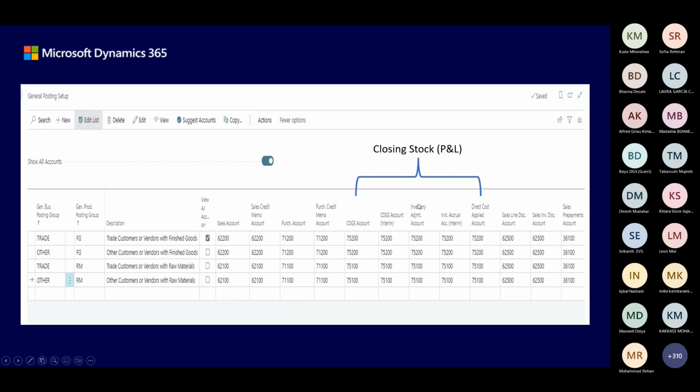Typically, the inventory adjustment account is probably the only account that I might use a different account for, because that gives me a slightly better understanding of what is adjusted manually for stock rather than through sales and purchases.